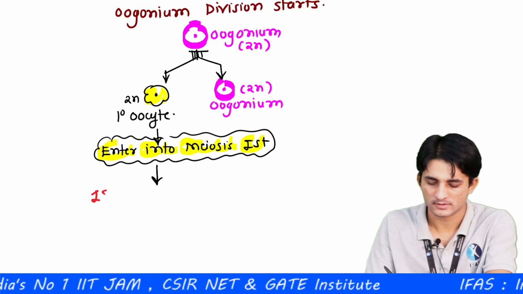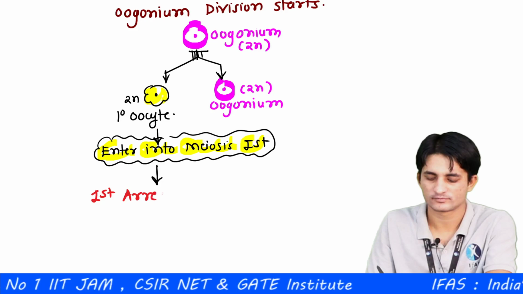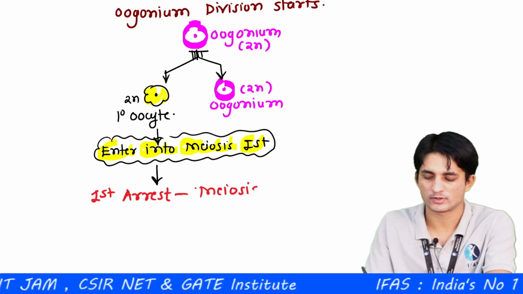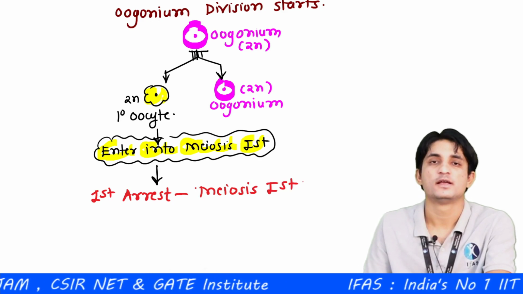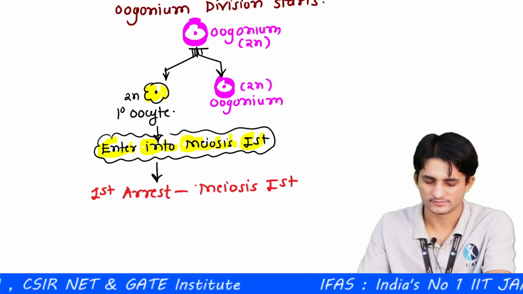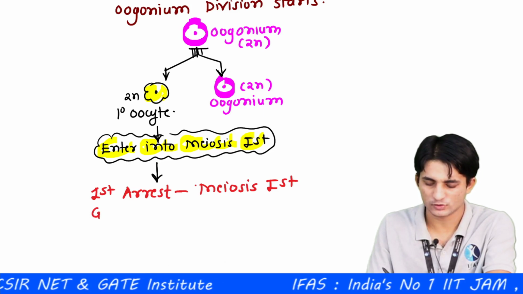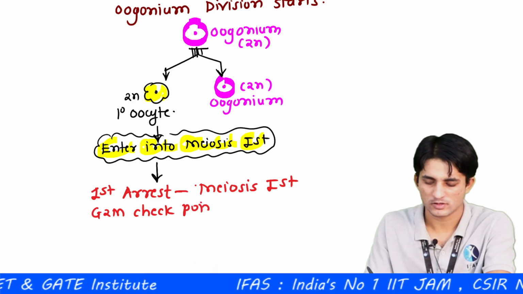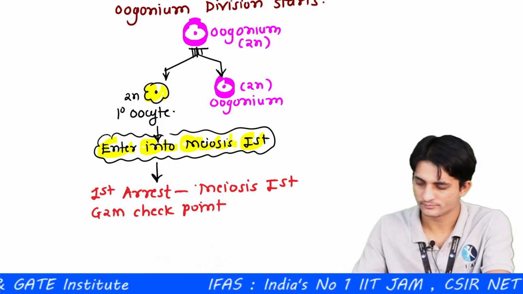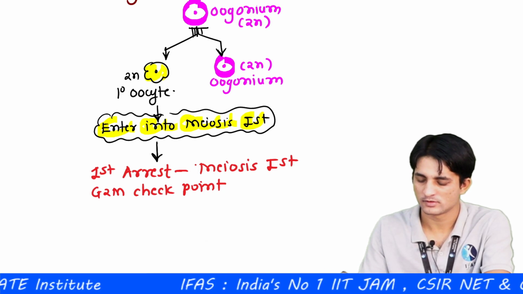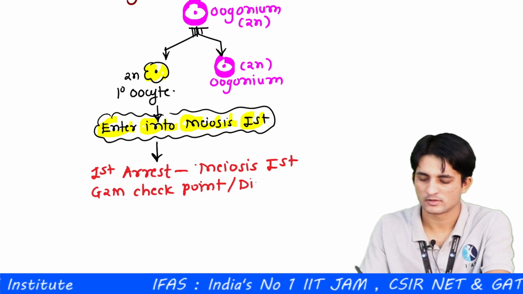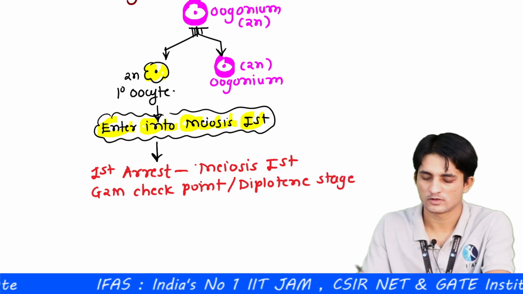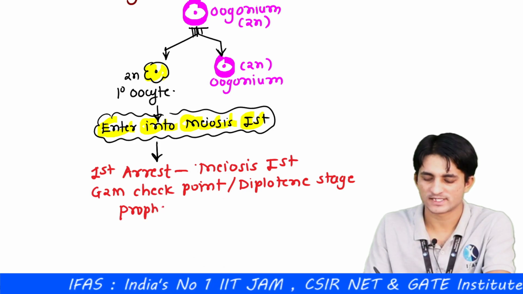So the first arrest is at meiosis first, at the G2M checkpoint, in the diplotene stage of prophase first.